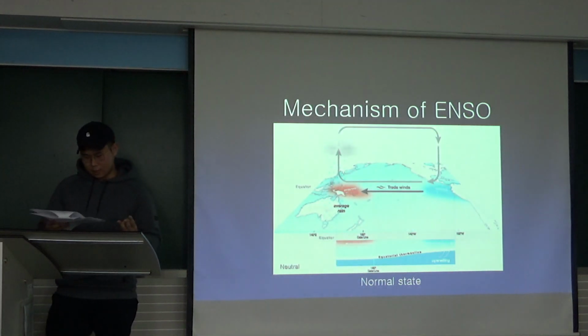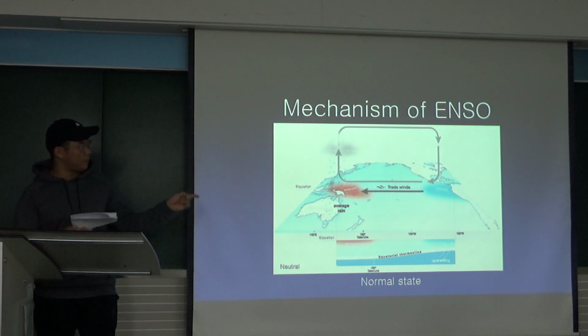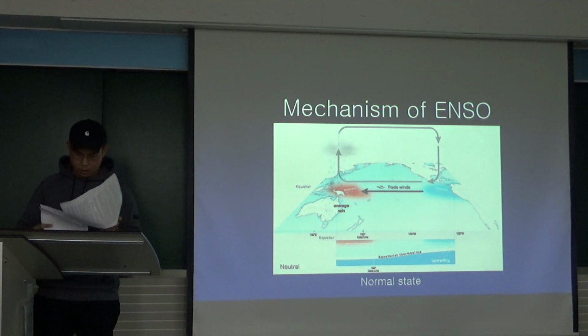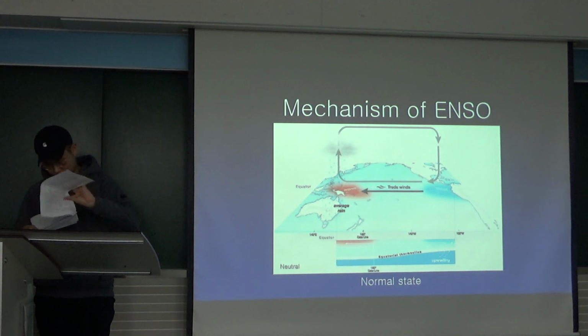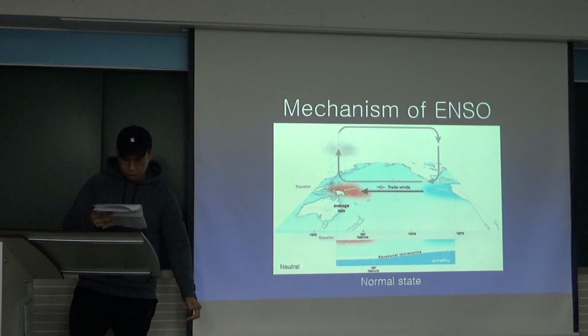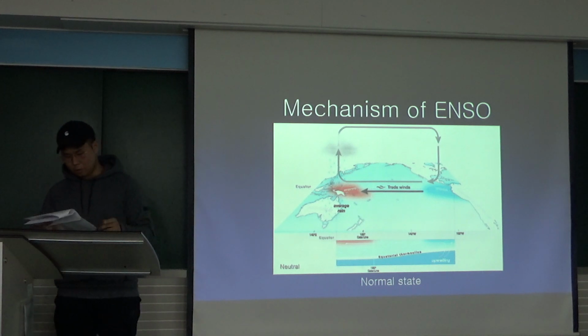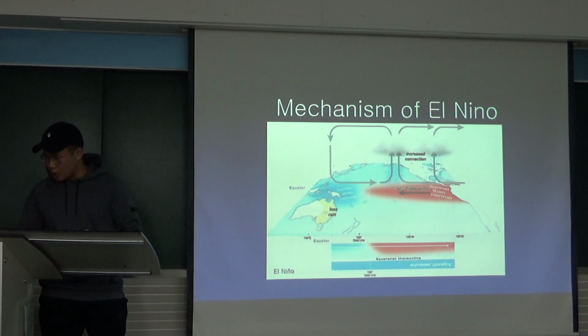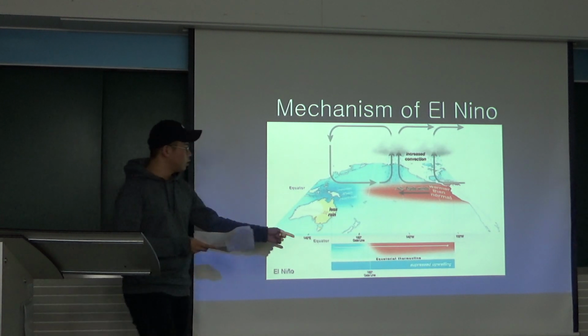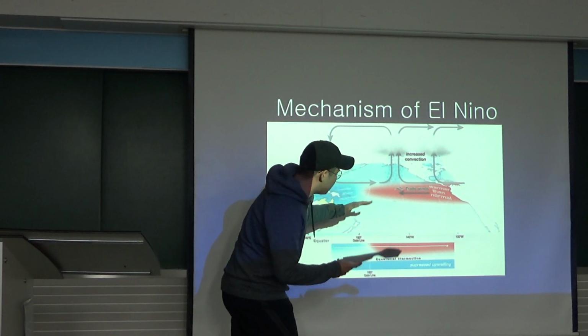ENSO has three phases. One is the normal phase, and the second and third are El Nino and La Nina. This is the normal phase, which has normal upwelling, trade wind, and thermocline. But in El Nino, the trade wind is weaker, and the gradient of the thermocline is low.